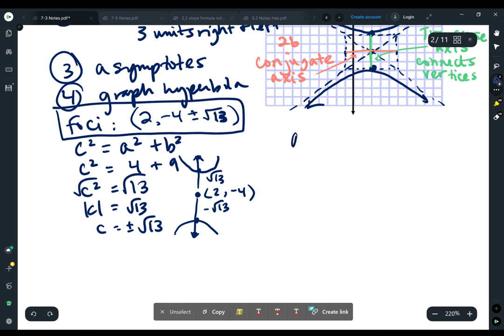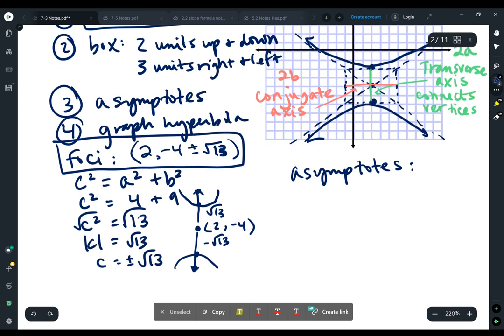And last, I want the equation for the asymptotes. So if I look inside that box, which is really heavily drawn on now, I'm going to maybe redraw it down here. I think about where that center was. I got the box by going up 2 units and down 2 units and right 3 units and left 3 units.